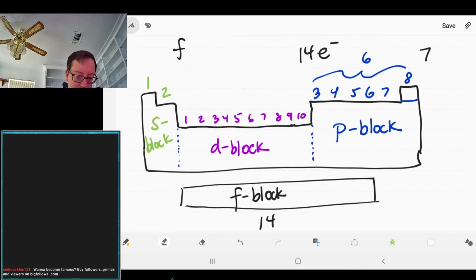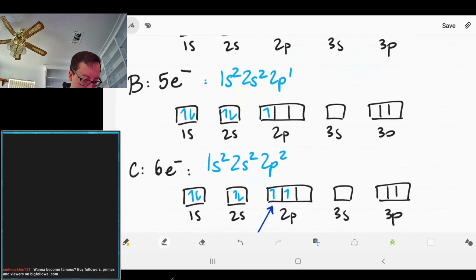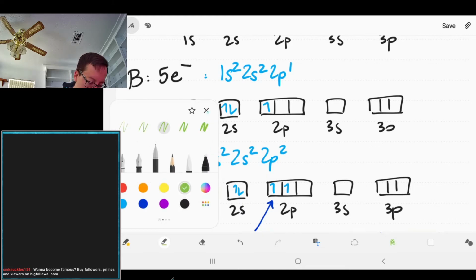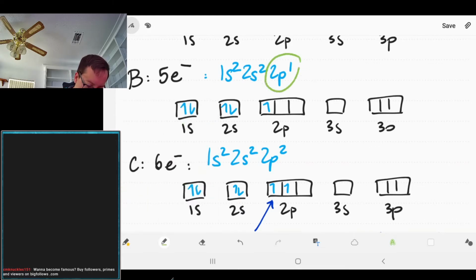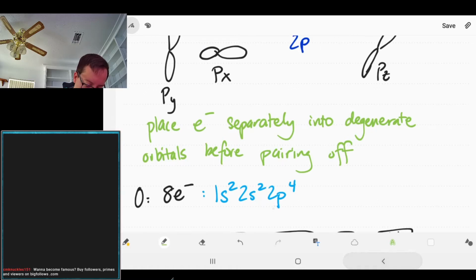So for example, if we go ahead and look at, what did we do for this one? We did boron. Notice 2p, 2p, where's oxygen? 2p. They all had 2p as their last orbital.